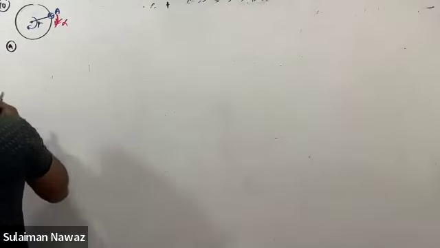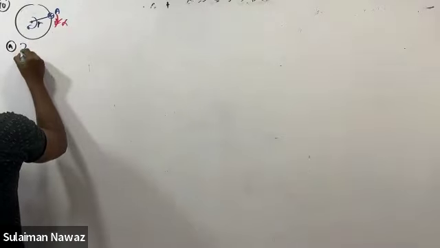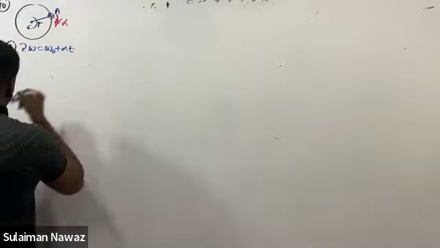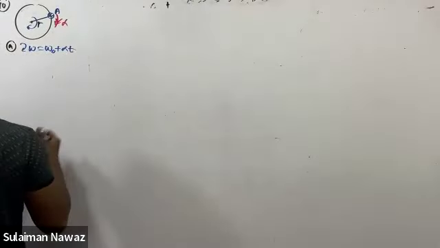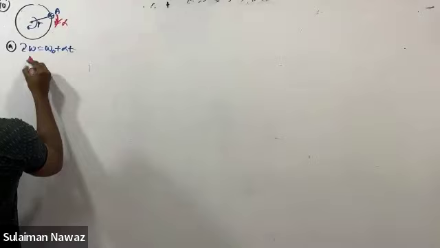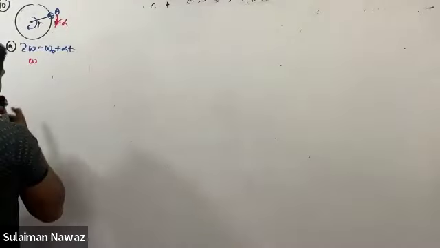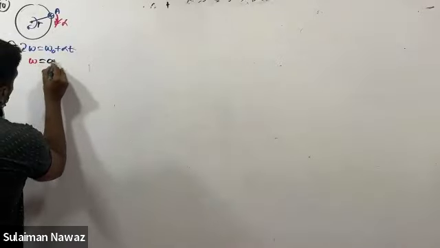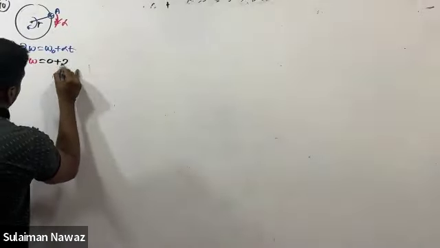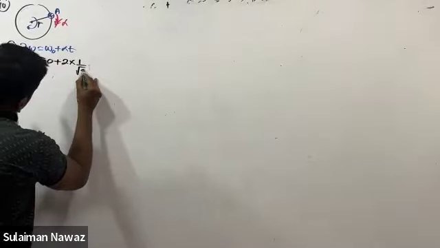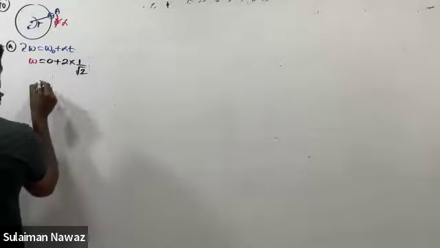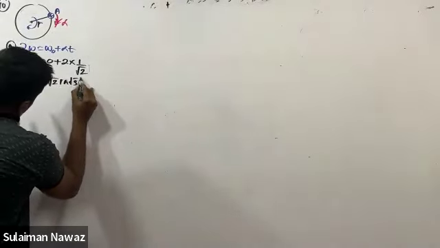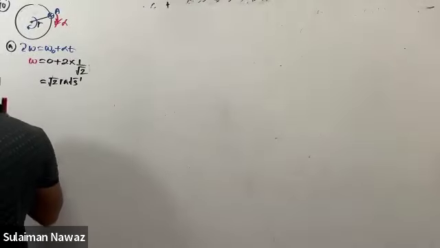Omega equals 0 plus 2 times 1 over root 2. So the final answer is omega is root 2 rad per second. Not difficult.